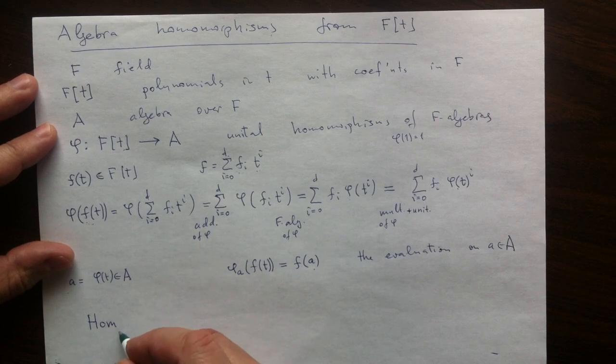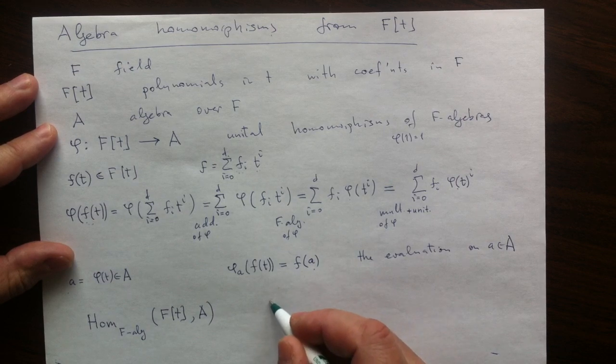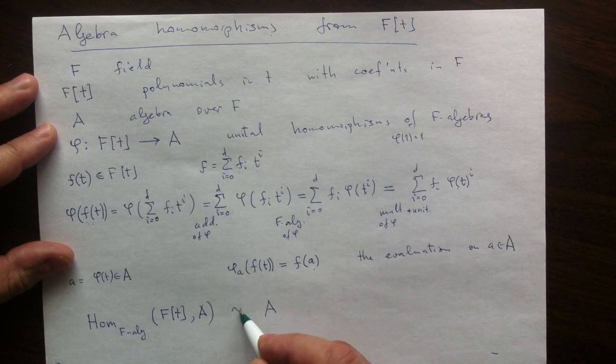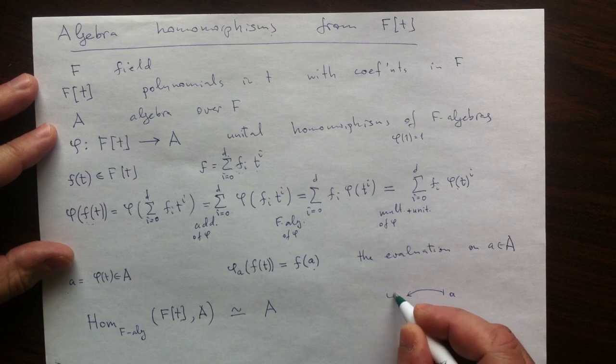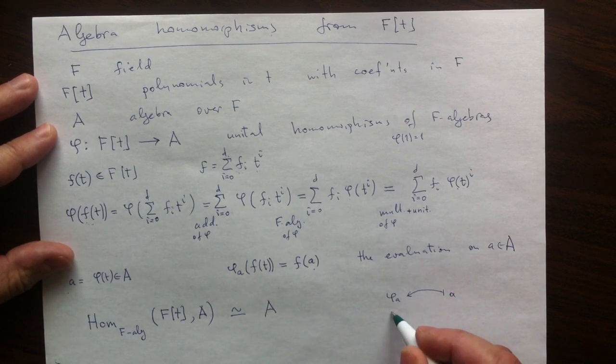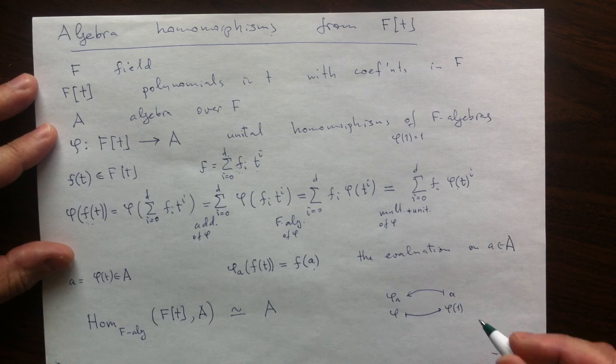The first set is a set of homomorphisms between F algebras, starting at the algebra of polynomials and ending in an arbitrary F algebra A. And this set is identified by our computation with the set A. Any element gives us a homomorphism of evaluating on this element, and vice versa, any homomorphism gives us an element which we can compute by evaluating our homomorphism on t. And these maps are mutually inverse, so we have this isomorphism.